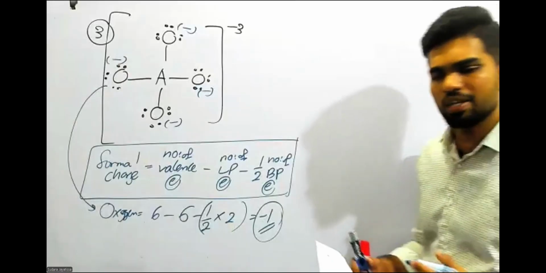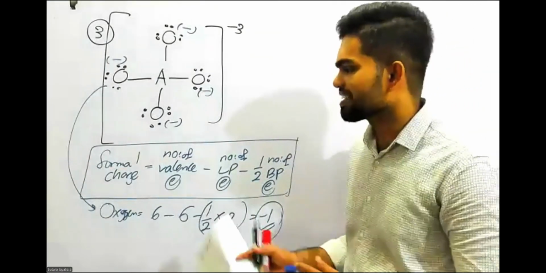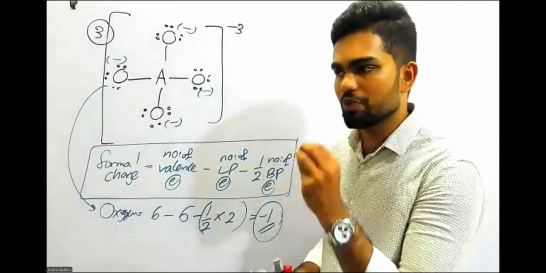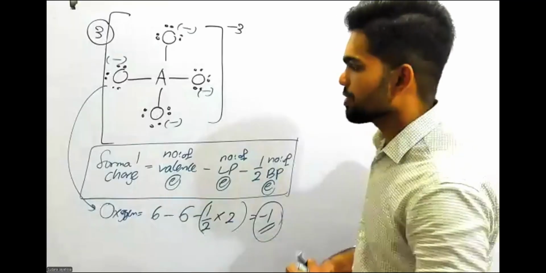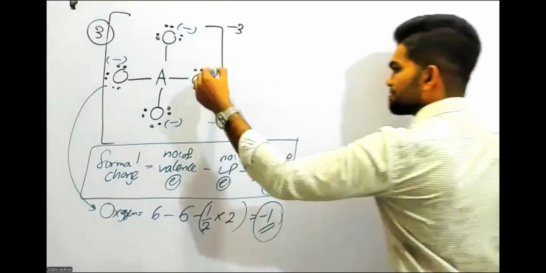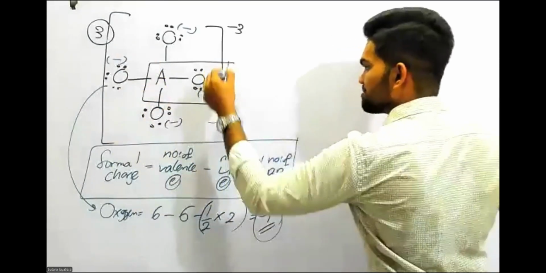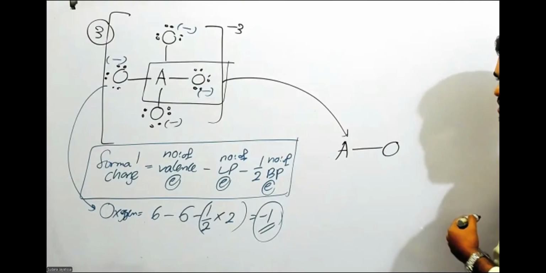So if you are not satisfied with the formula, if you want to go to the root of the logic here, I recommend this diagram. Let's take one oxygen and A bond.